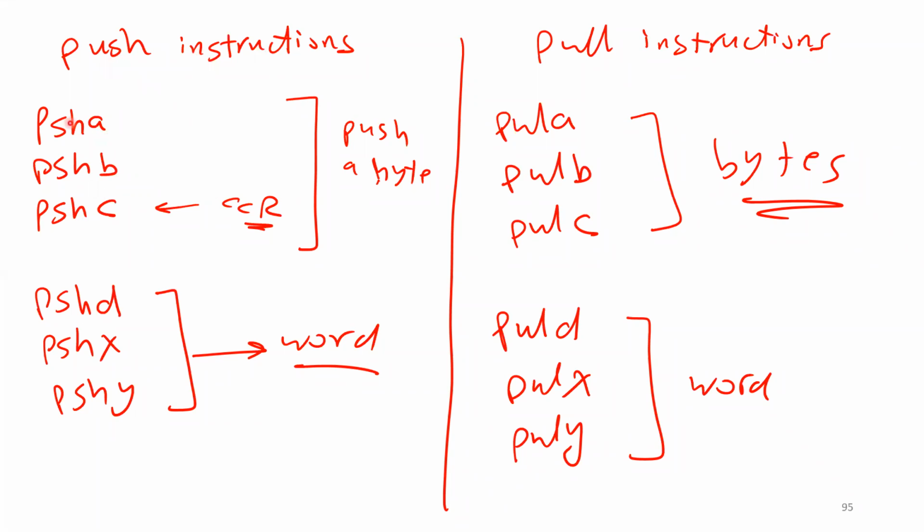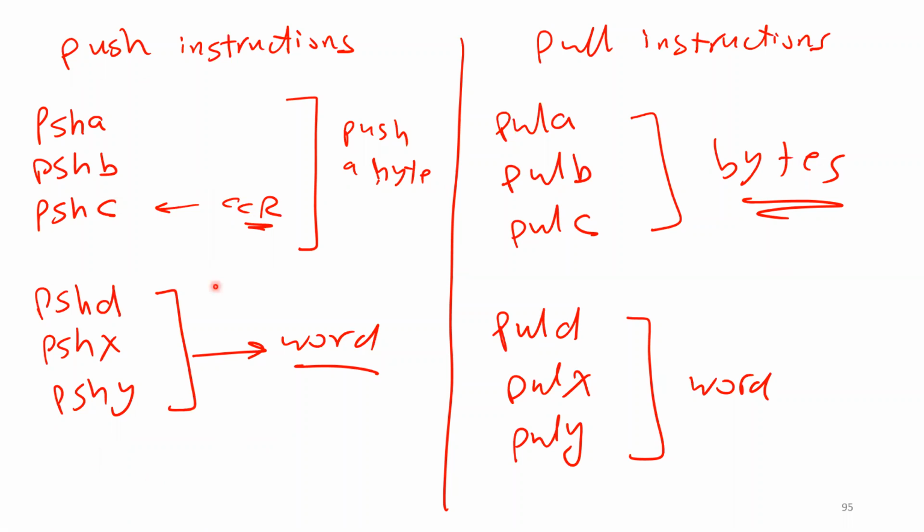Okay, guys? So let's first see the push instructions. We have three push instructions for bytes. Every one of these instructions pushes a byte. So we have push A, push B, for register A and register B, and push C, which is the CCR, a flag register. For words we have push D, push X, push Y. This is all we have, right? Can you push a memory location? No, we don't have one instruction to do that.